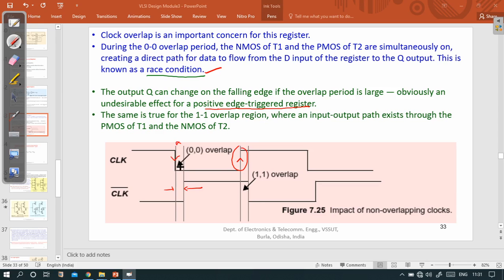But because of this effect, the output value may change during the falling edge of the clock signal, which we do not want. Similar things may happen for the 1 1 overlap region also.